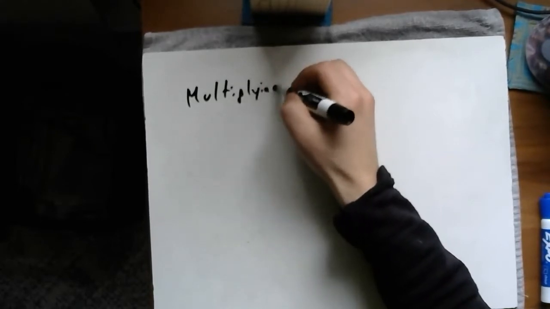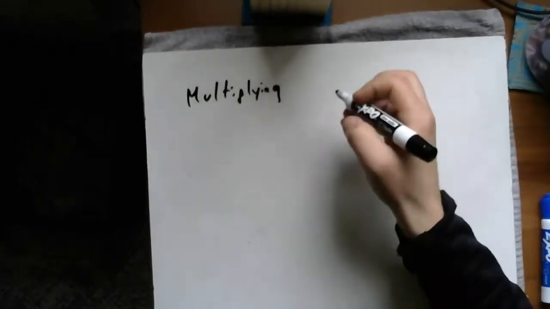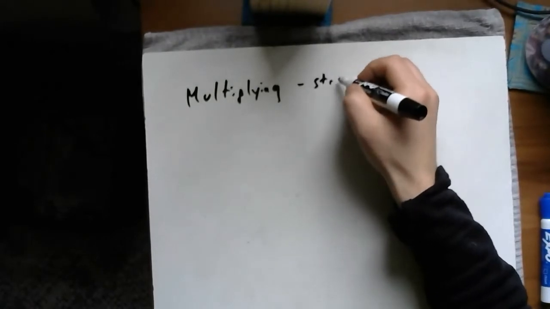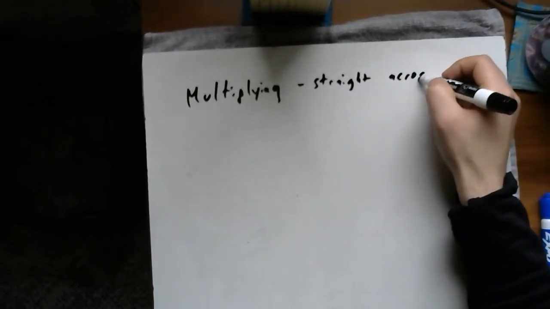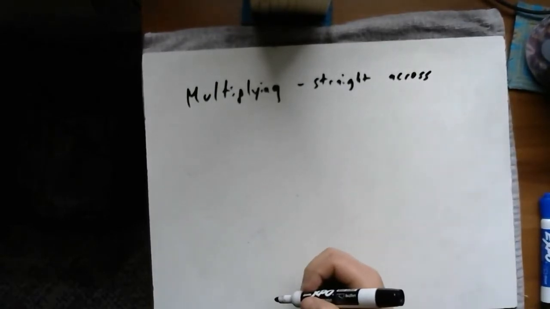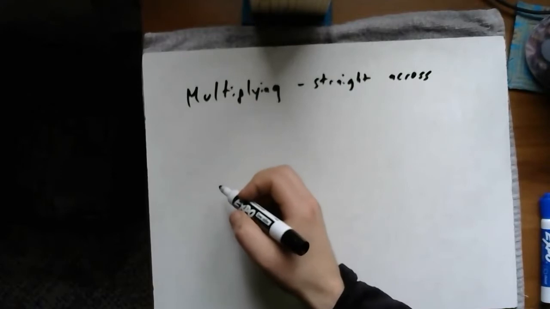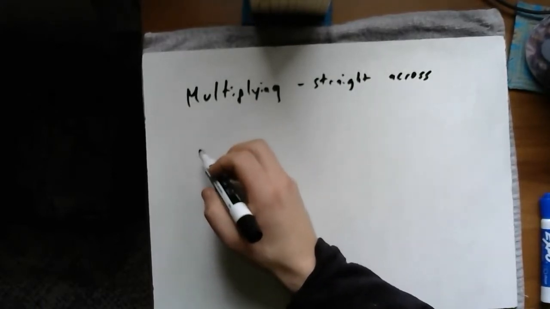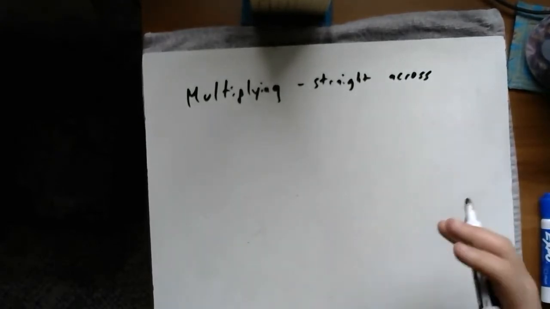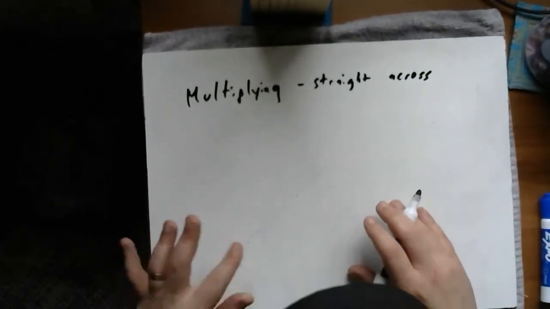fractions, we need to keep in mind that we always multiply straight across. All right. So here, the reason for that, well, if I get into a conceptual video, I'll get into the reason for that.